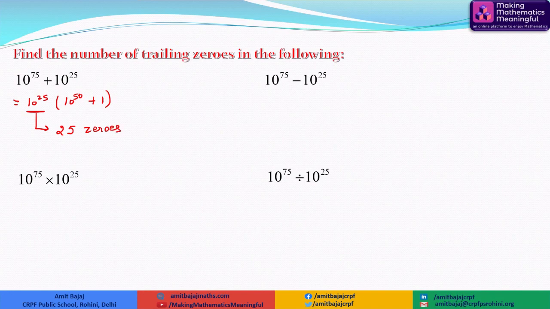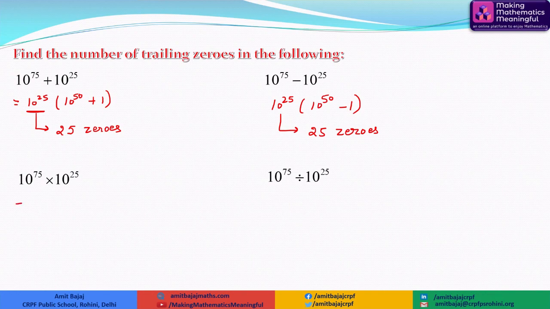That is your required answer. Similarly, in the case of 10 power 75 minus 10 power 25, we take 10 power 25 common, giving 10 power 50 minus 1. Again, the zeros will be contributed by this term only, which is your required answer.